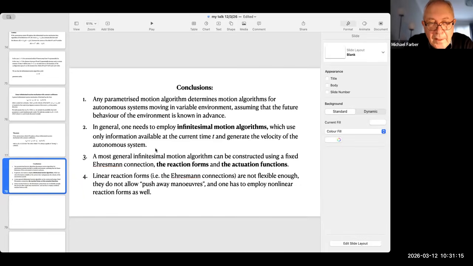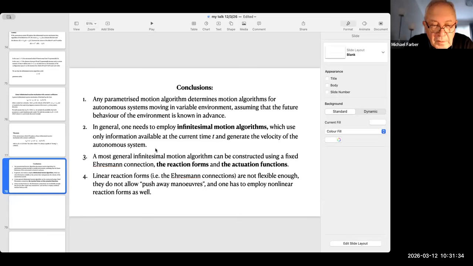Secondly, in general, one needs to employ infinitesimal motion algorithms, which use only information available at the current time t and generate the velocity of the autonomous system for time t.